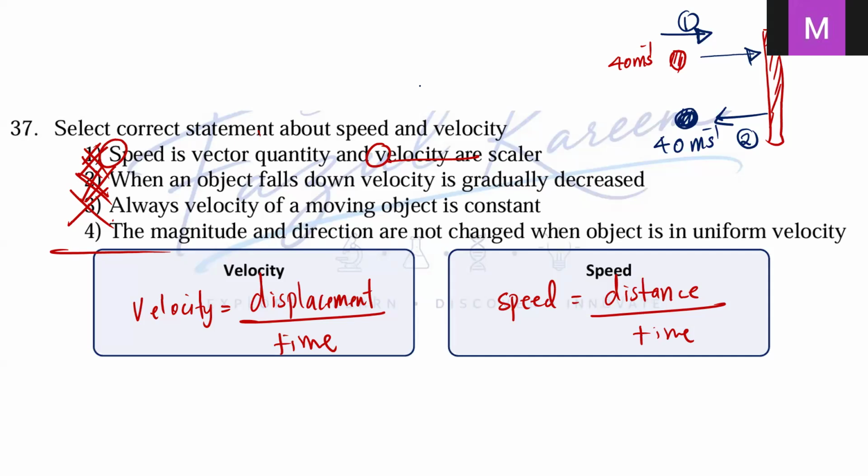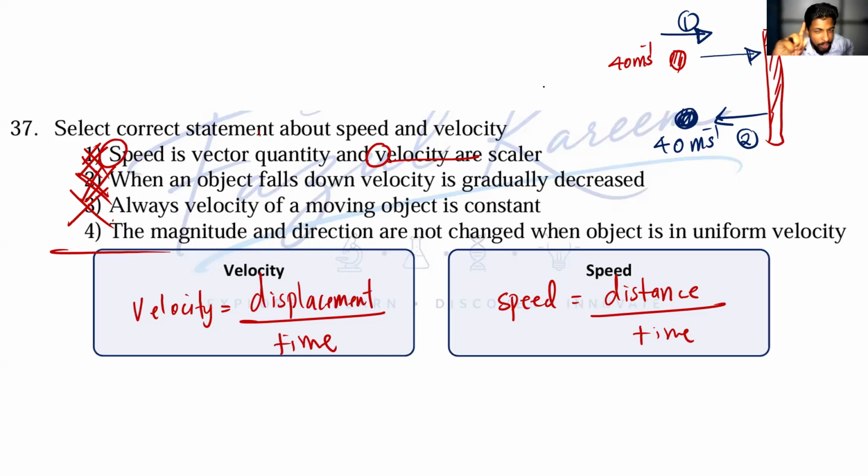Wrong. Why is the velocity not the same, my dear? Because the direction got changed. Earlier, the ball was moving toward the east with 40 m s^-1. The next time, when it is bouncing back, it is moving with 40 m s^-1 in the opposite direction. So the velocity is not the same because they have opposite directions, right?